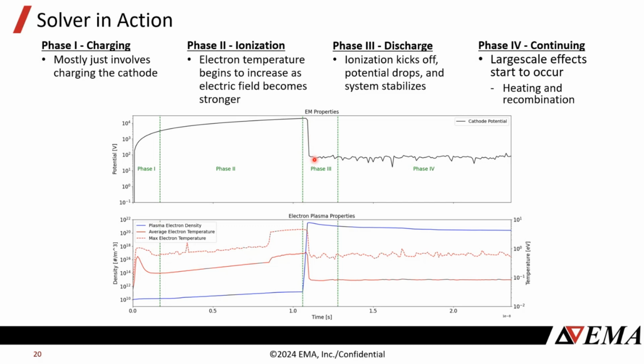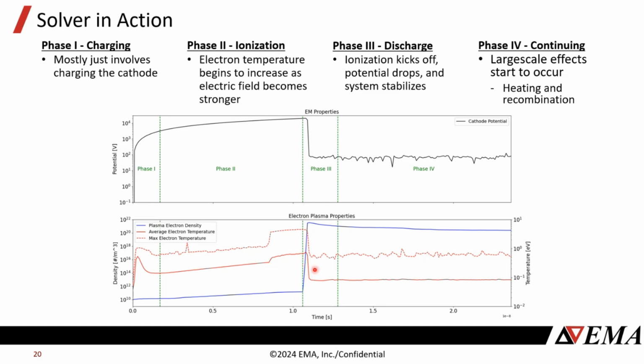Once the potential drops off, your electric field strength is reduced. And so now your plasma is losing a lot of energy because it's still undergoing reactions, but now it's no longer getting as much energy from the electric fields due to its decreased strength. And so that's why you'll see the temperature drop off.